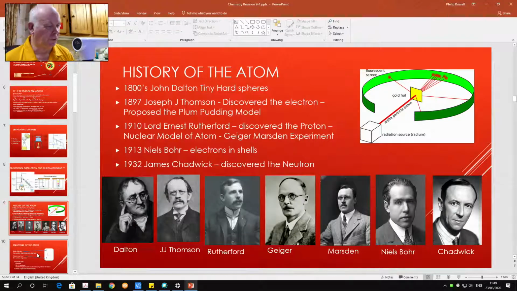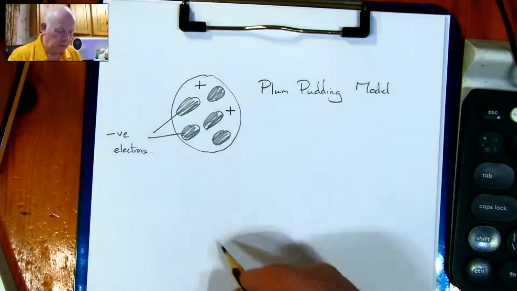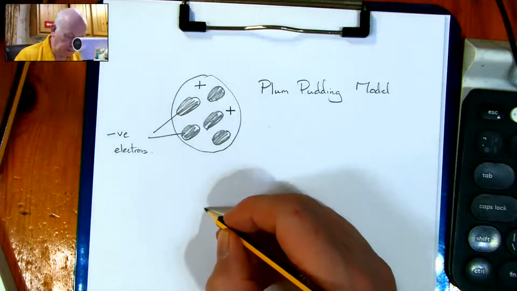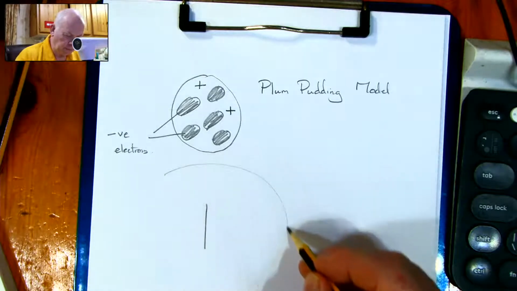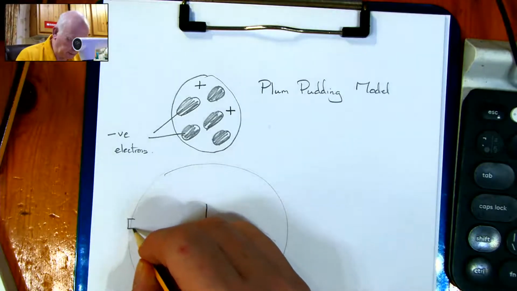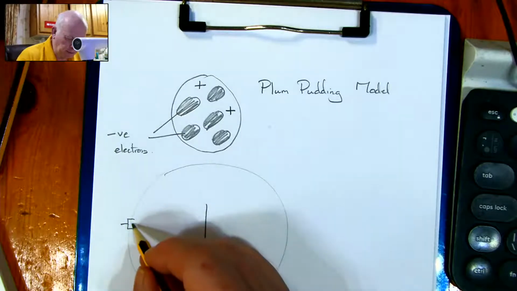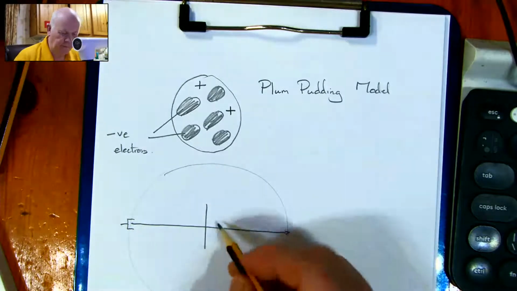Let me draw this and show you what's going on. So I've got my piece of gold foil. I've got a very large evacuated chamber. I'll have my source of alpha particles, and the majority just went straight through.